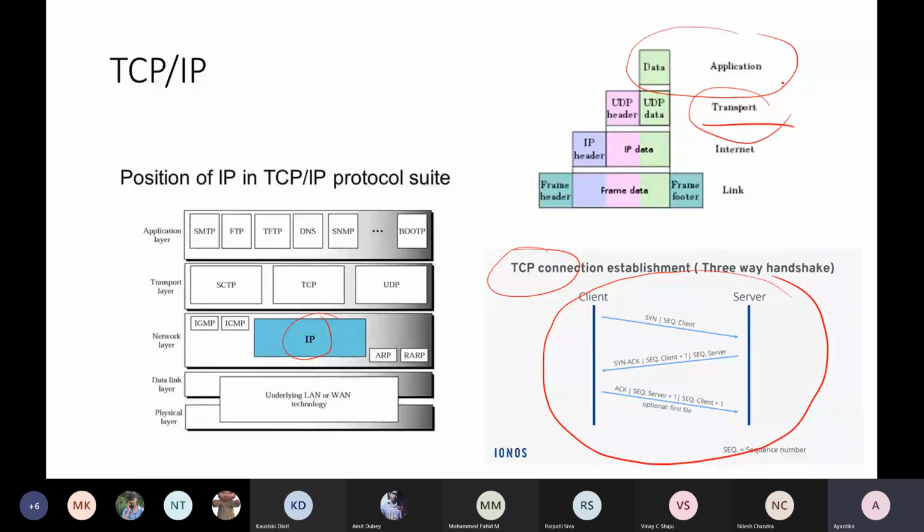And then we are coming to this IP layer, where my IP layer is basically taking the input from the transport layer, and on top of that, we are adding the IP header.